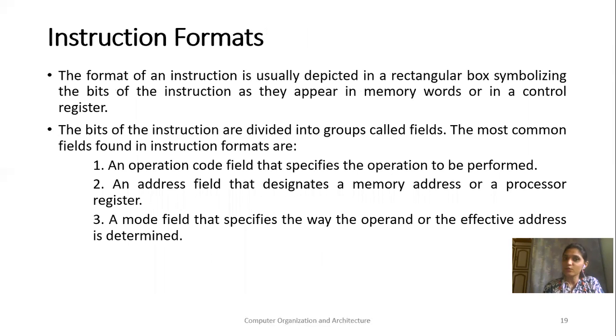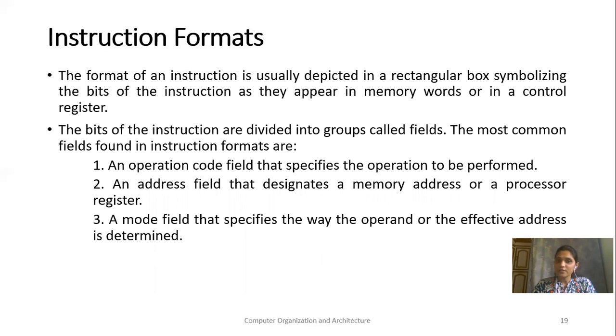Next, let me see what the instruction format is, how you will format your instruction. That means in your instruction, which bit represents what. The format of an instruction is usually depicted in a rectangular box symbolizing the bits of the instruction as they appear in a memory word or in a control register.